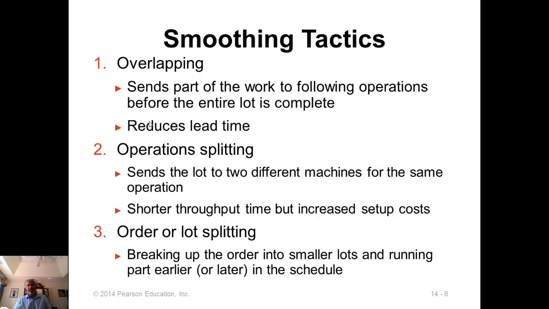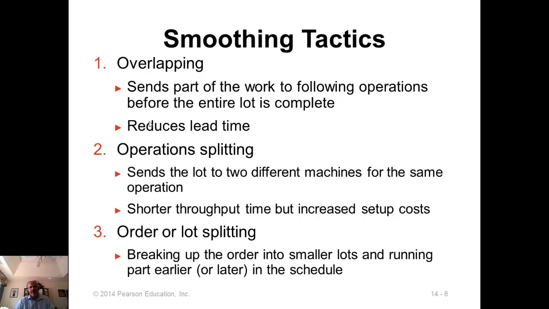instead of waiting for all the 100 units to be completed to be sent to the inventory or to the next production process needing it, once you complete 50 units, you send 50 units. And then after you finish the next 50, you send the next 50 units. So instead of waiting for the entire lot to be completed, you send the parts as and when they are completed. That's called overlapping.